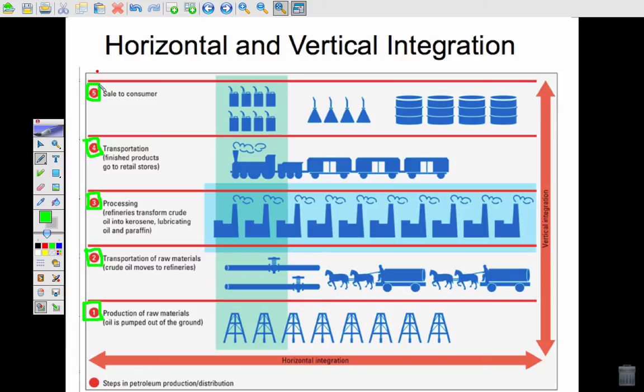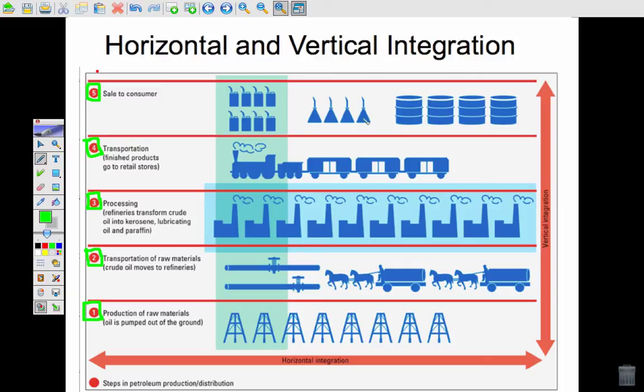Step five is the sale to the consumer. So that's like going to your local gas station or AutoZone or Bond Auto Parts and getting that oil. That is the last step in vertical integration. So you start off with the raw material. You then transport it. You then process that raw material into a finished product.